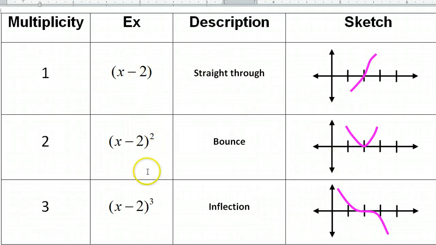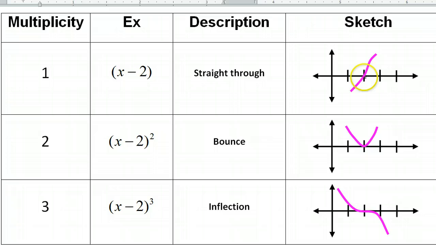You should have memorized how a graph will behave at a particular zero, a particular root, depending on the multiplicity of that particular factor. In other words, when I say multiplicity, I mean if I just have a plain single factor of x minus 2, like normal, you might say that's multiplicity 1.